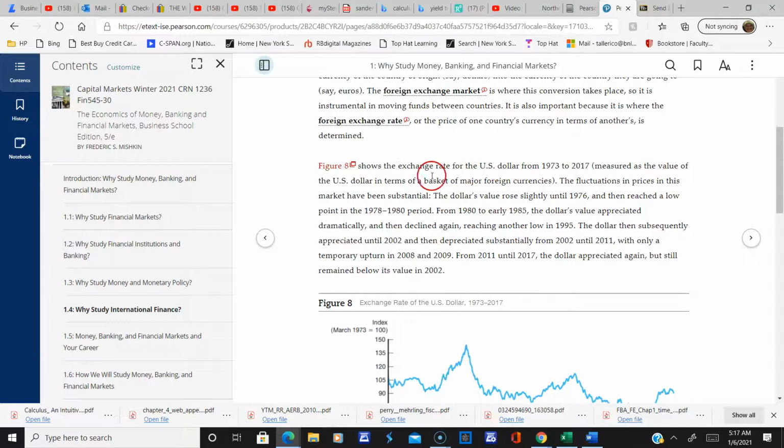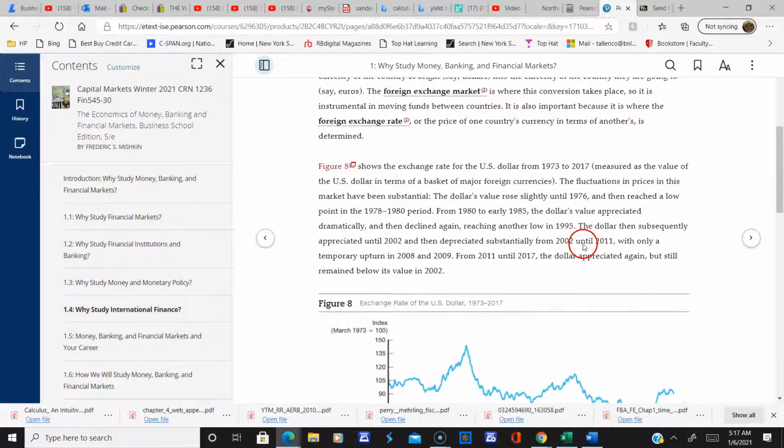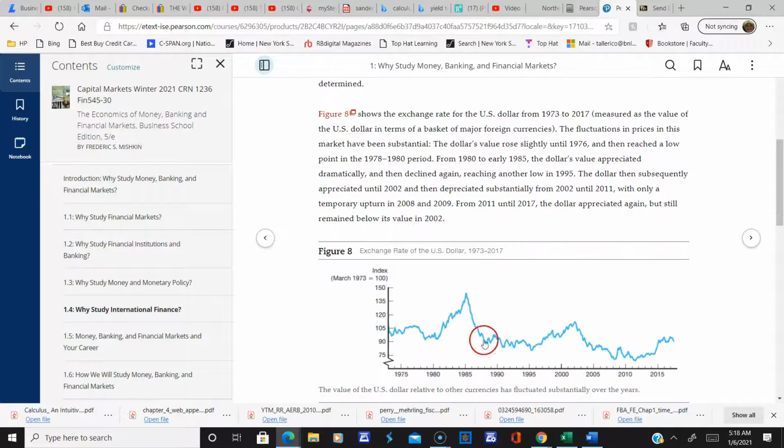and you can clearly see the exchange rate here in Figure 8 for the US dollar. It fluctuates from 1973 to 2017. Here's the exchange rate of the dollar, and you can see it's kind of weakening here. This is measured in terms of a basket of major foreign currencies. The fluctuation in this market has been substantial.